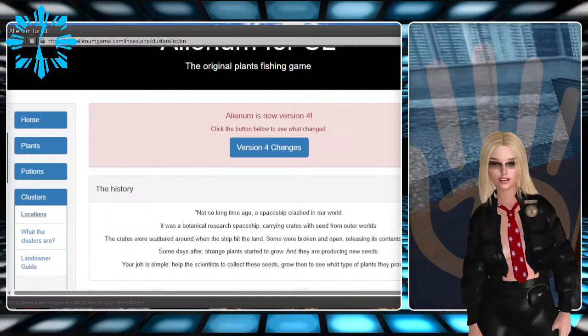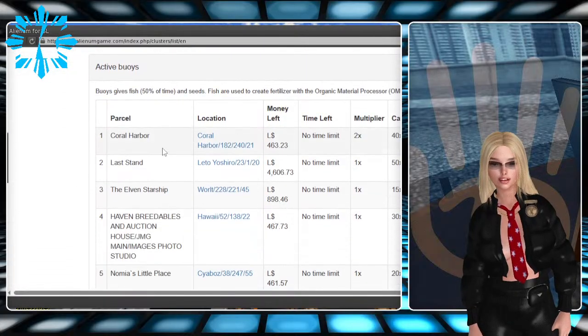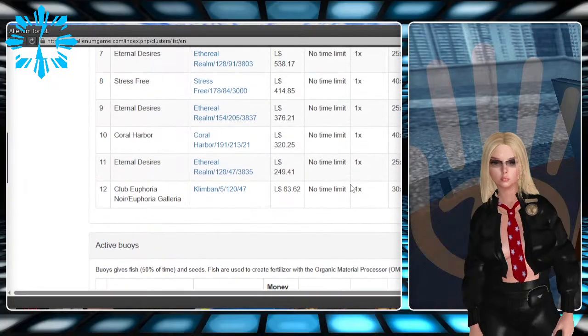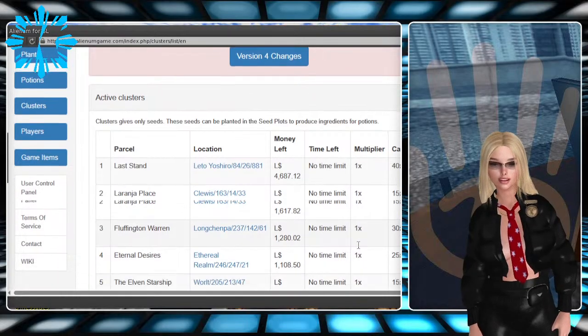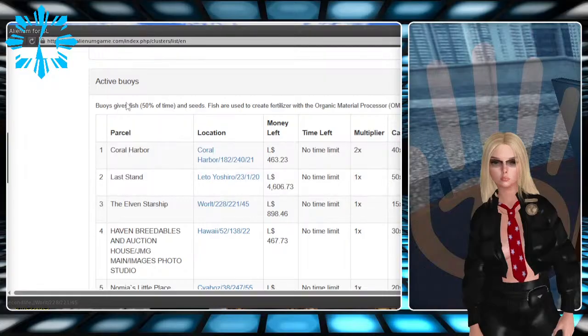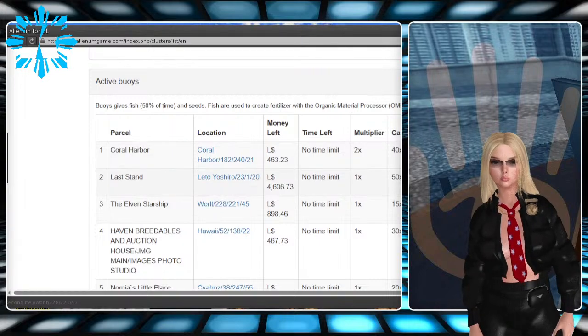Let's see if they have any multiplier event running. Okay, nope. Ah, wait, there is one. Coral Harbor. Where is this? So active clusters and then active buoys. There is no time limit here. I don't know where that is, but it's moderate, so I might check that out.